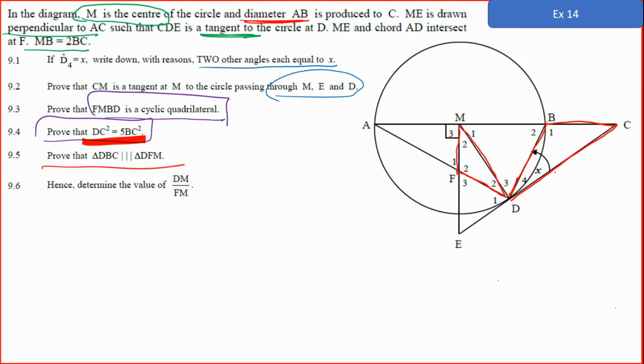I think we proved, I can't remember, but I think we proved D4 was X, then we proved A to be X. Did we find anything about D2? We found D2, am I right? Because of angles opposite equal sides, radii. Yeah, that was X and X. Did we find anything else?